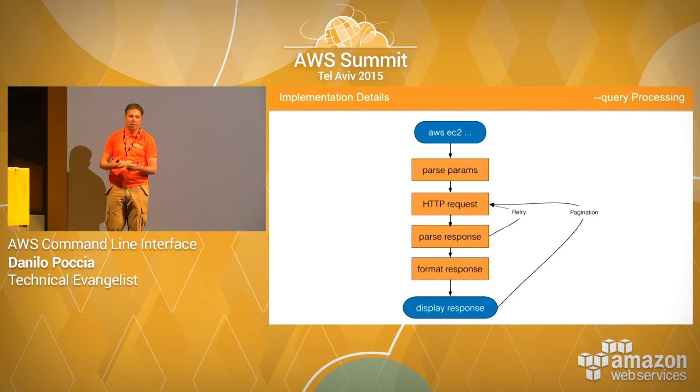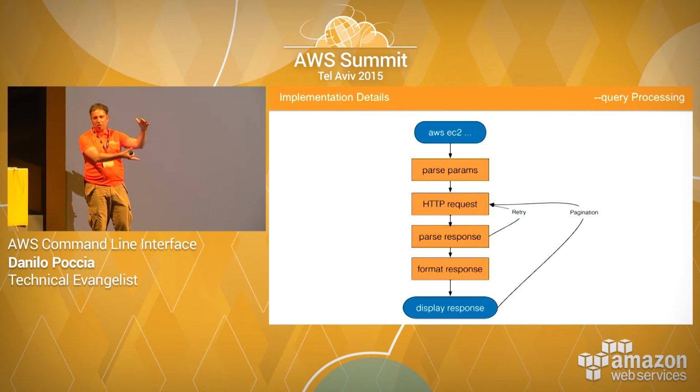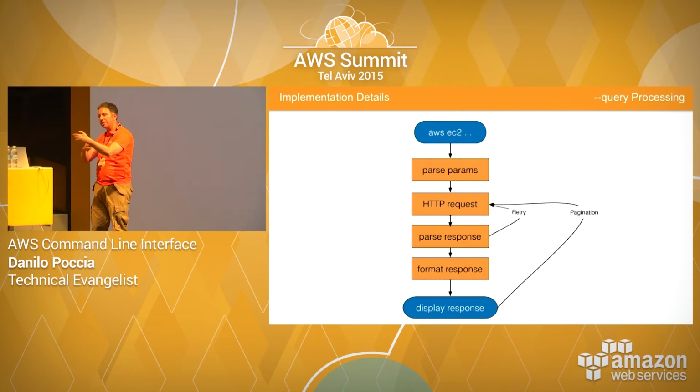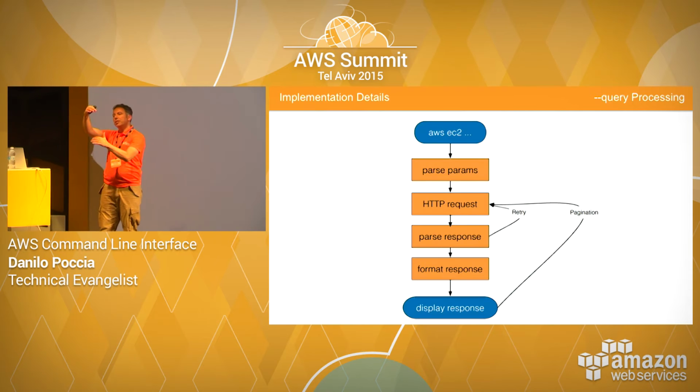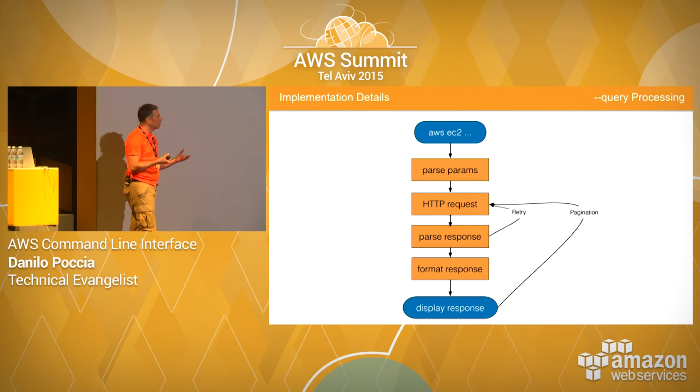So when you do a list, we have some default that you can customize, and after some point we end and return the first part of the list of objects, and we give you an endpoint that you can use to start again the next request to get the second part of the list of the objects in the bucket. And the same for any API that has long lists, like with DynamoDB, the query, or even with EC2 with the describe instance, you can have something like this if you have a lot of instances.